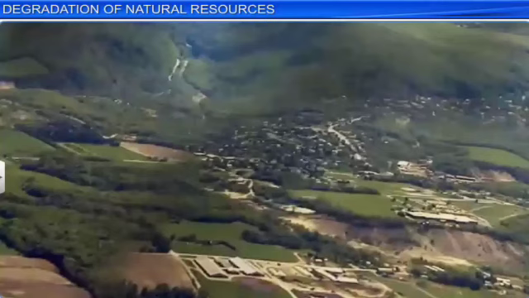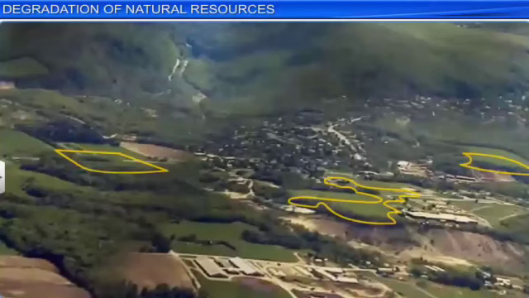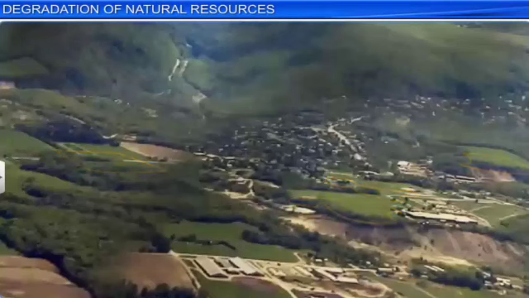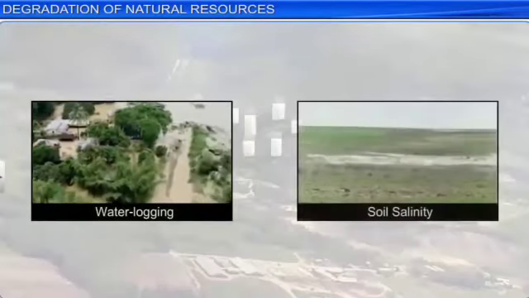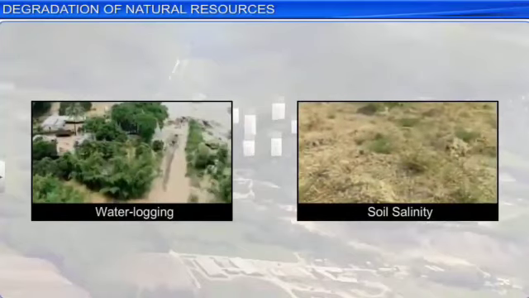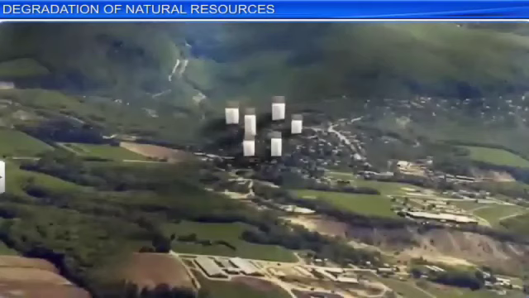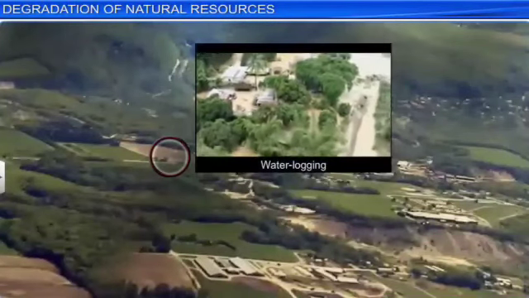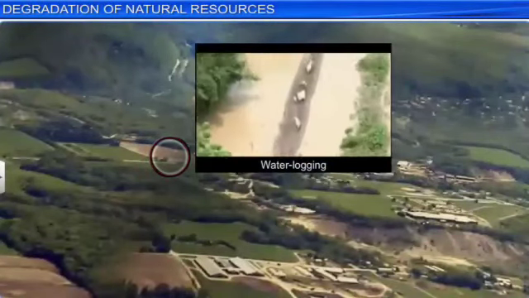Apart from desertification, agricultural lands are under pressure due to increasing population. Moreover, agricultural malpractices have caused waterlogging and soil salinity, thereby degrading our fields. Waterlogging takes place when irrigated land does not have proper drainage.